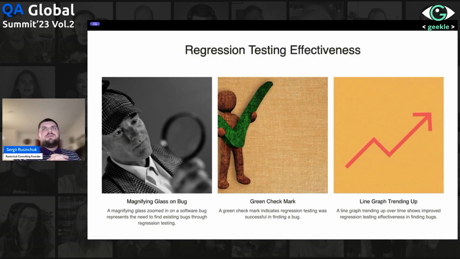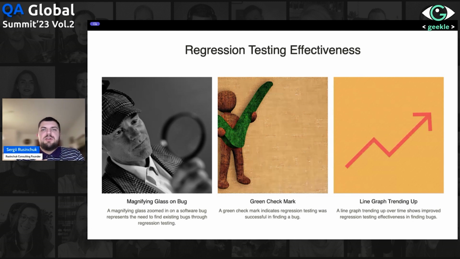Regression testing effectiveness is also one of the most critical and popular metrics. It's not specifically about regression, but also smoke activities as well. A magnifying glass zoomed in on a software bug represents the need to find existing bugs through regression testing.